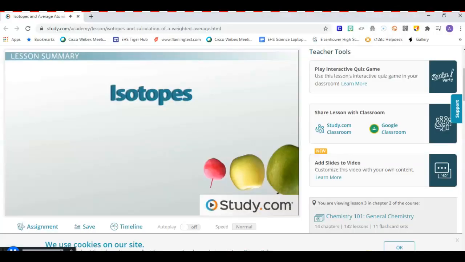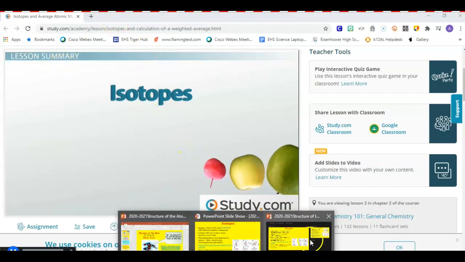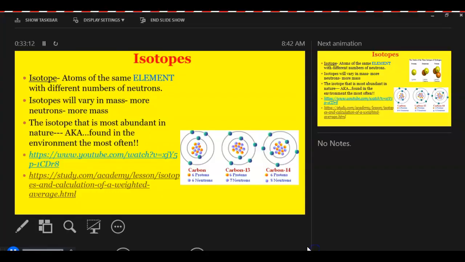Okay. I still want to talk a little bit about isotopes. Okay, there's several ways that you can write or represent, I should say, isotopes.